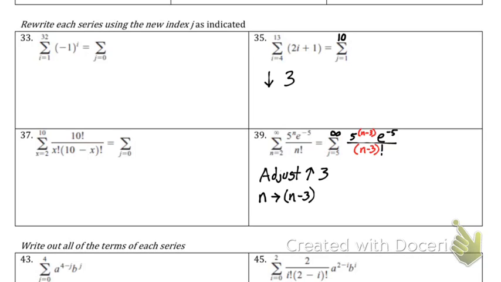If I go up, I subtract. If I go down, I add. So rather than writing 2i, I'm going to write 2 times I plus 3 plus 1. I would distribute and simplify. All right, so it would actually be 2i plus 7.